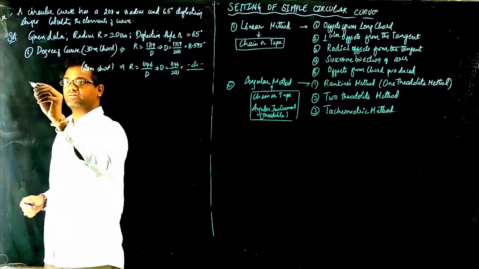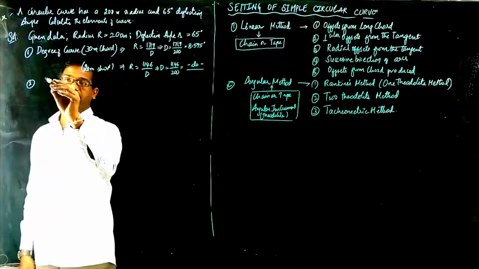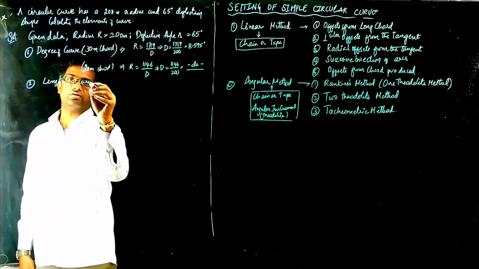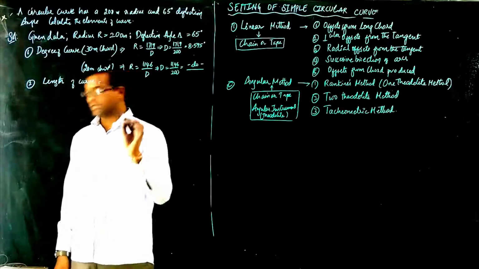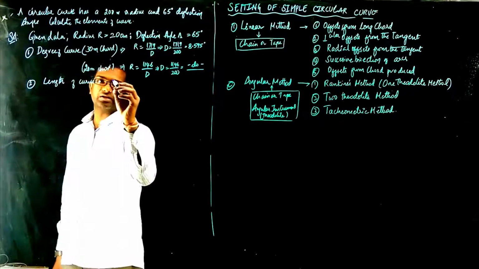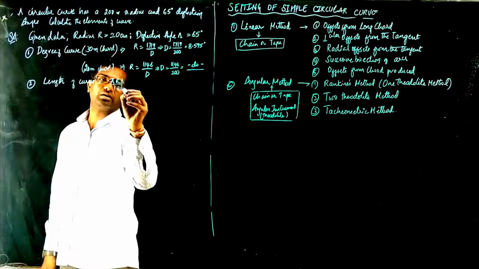Calculate. Next, when you have the degree of curve, you can calculate the length of curve. The length of curve is given by how much? Pi r delta by 180.